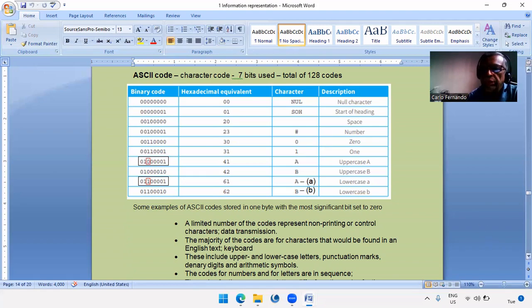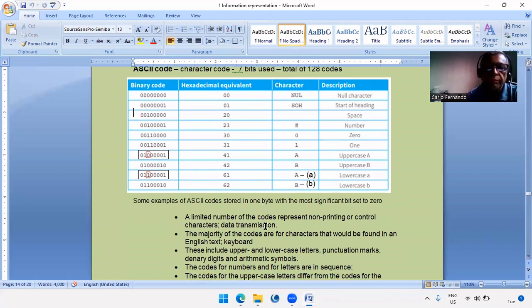So some points to note here. A limited number of the codes represent non-printing or control characters. Data transmission also needs them, because data comes in a stream and the other computer doesn't know how many bytes, what is the beginning of a stream, what is the end of a block, and those things.